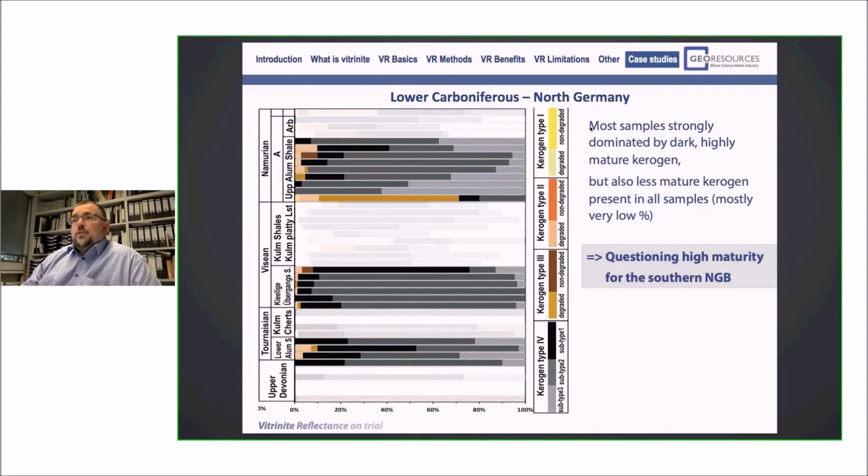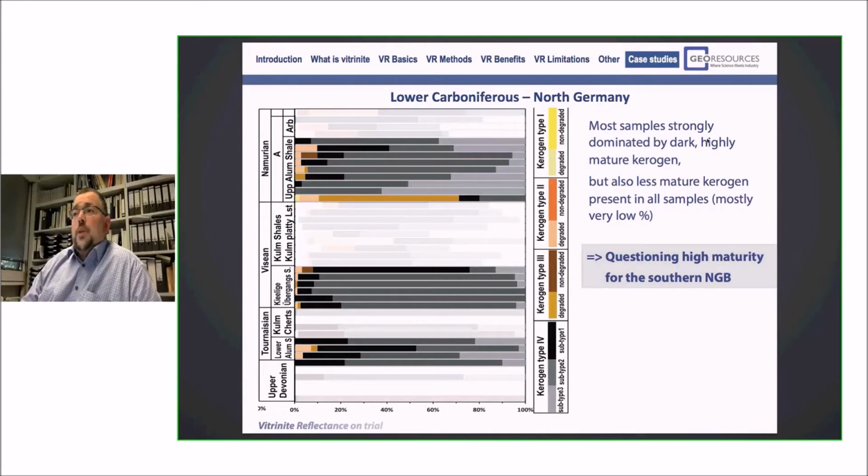And for most of these samples, I isolated the kerogen from the rocks, did slides and had a first look at the slides before I started to do the blocks for the vitrinite reflectance. And most samples are strongly dominated by dark, highly dark, or mostly black, highly mature kerogen. These are all these black, grayish scale.